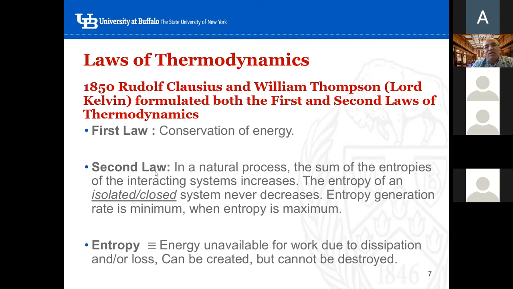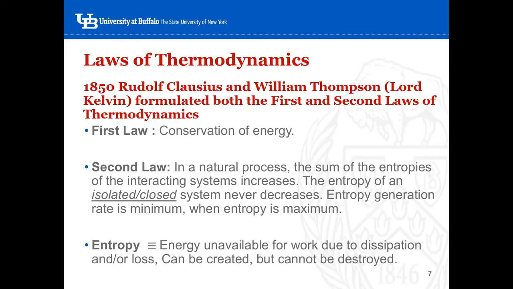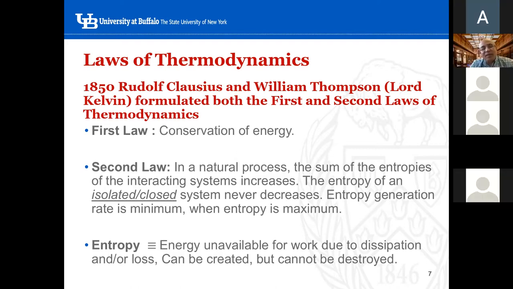And the second law, which is also known as the entropy law: in a natural process, the sum of entropies of the interacting systems increases, and the entropy of an isolated closed system never decreases. And entropy generation rate is minimum when entropy is maximum.